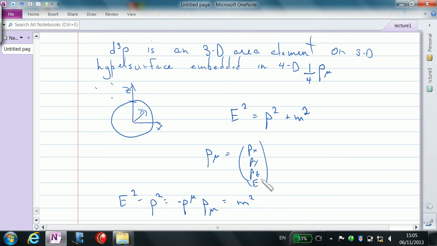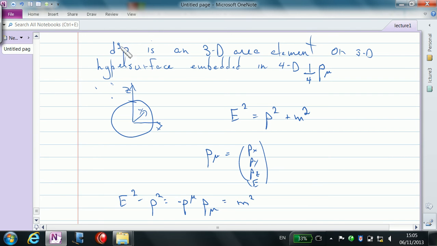But how do you depict an area in space? Well, with a vector that's perpendicular to the area. So dqp is actually the fourth element in the vector that's perpendicular to this area.